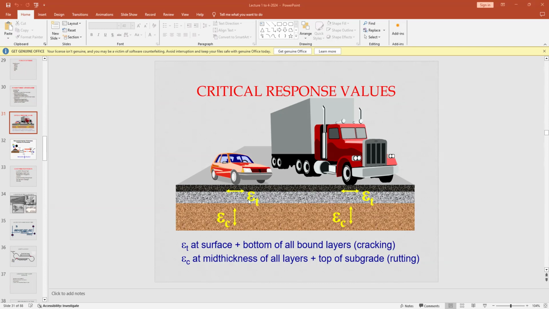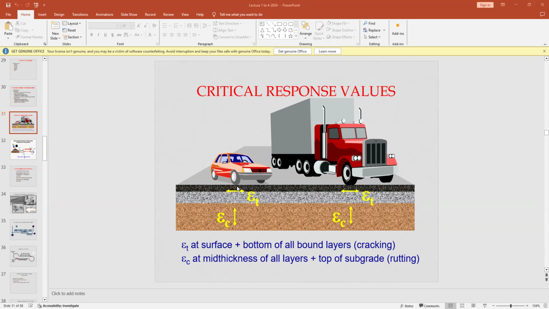Tensile strain is calculated at the bottom of the asphalt concrete. As we know, normally we have two layers, asphalt bearing course and asphalt base course. So the tensile strain is calculated at the bottom of the asphaltic base course.